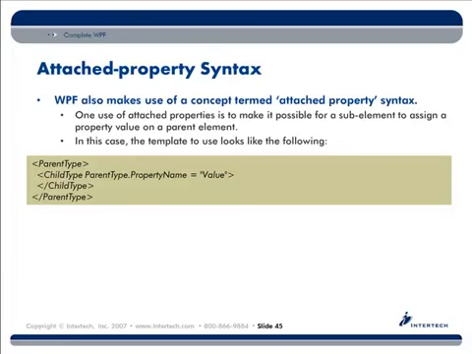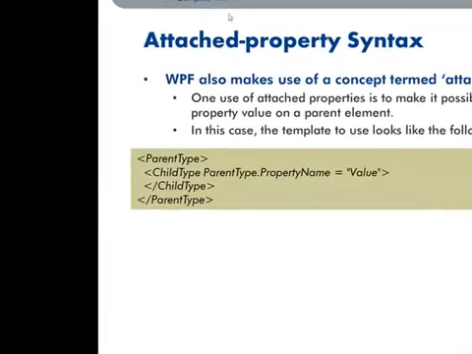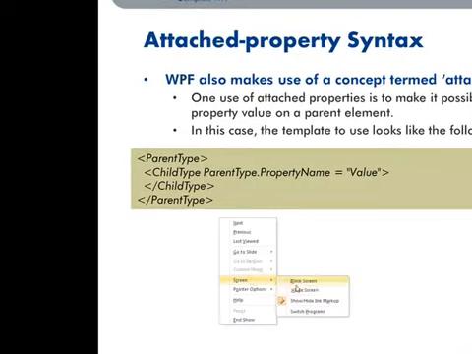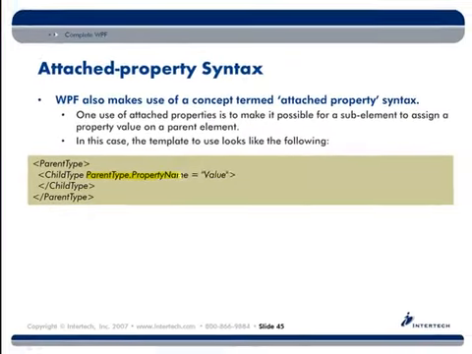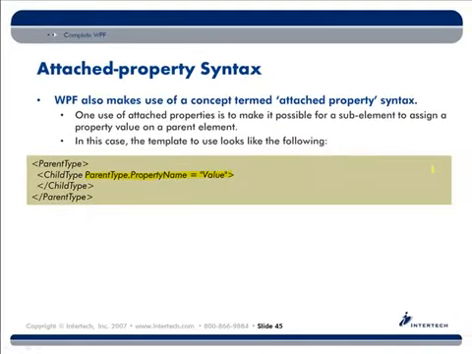What this allows you to do is to define a parent container, like a dock panel, and then say, all right, I've got this dock panel that has these 10 different things, and I have to decide where to put them, right? Put this one on the top, these 4 on the left, this one on the bottom, etc. So using attached property syntax, a child element can basically tell the parent where to put it.